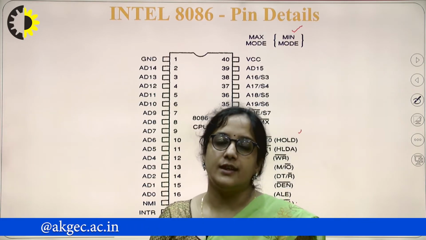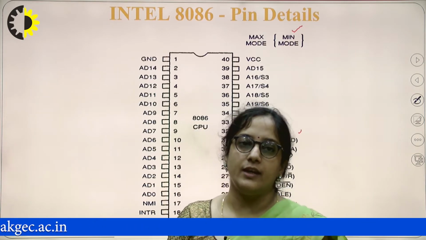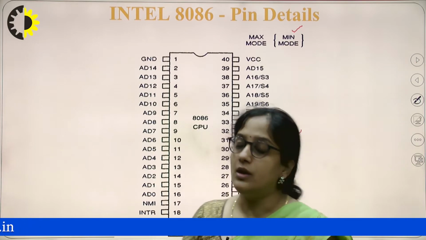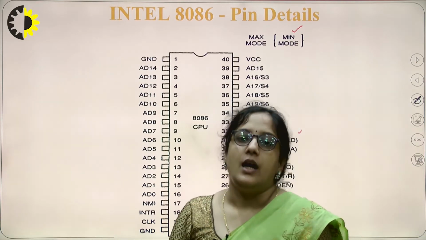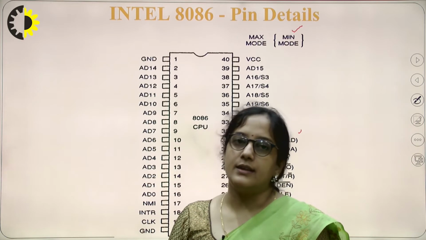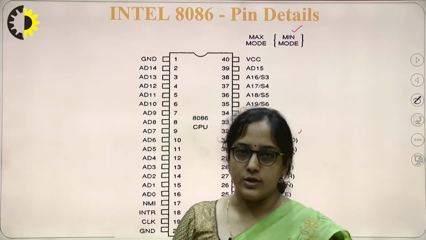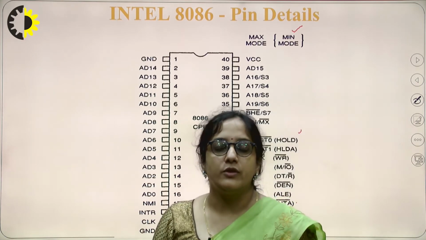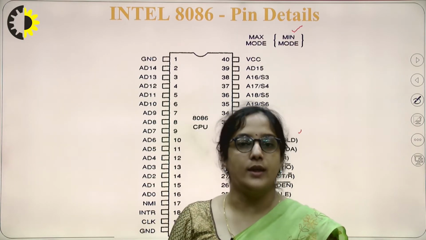So we can classify our 8086 pin structure into 3 groups: one is common signals, another is minimum mode signals, and the third is maximum mode signals. Now how do we define whether 8086 is working in minimum mode or in maximum mode?